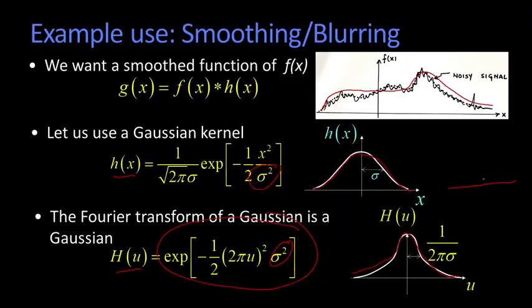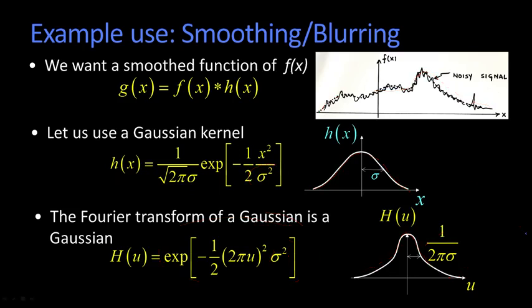So if my kernel was a very tight little Gaussian, I would expect to get almost all of the frequencies back. Likewise, let's suppose my kernel was really, really fat, blurs the heck out of everything. Well, then I would expect to get hardly any high frequency and only the low frequencies.